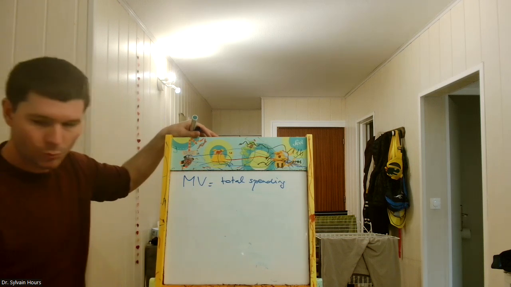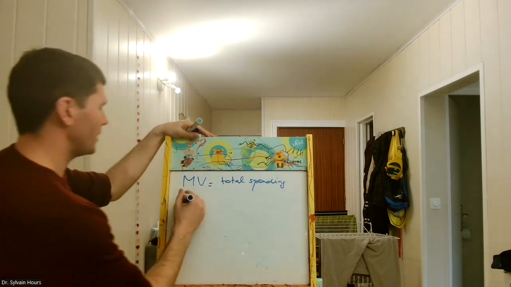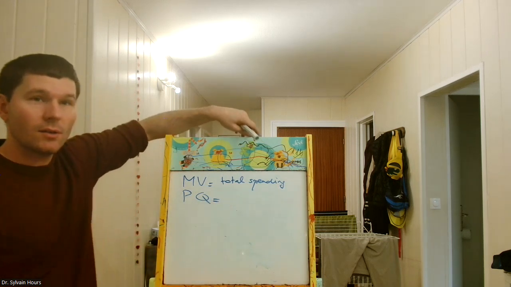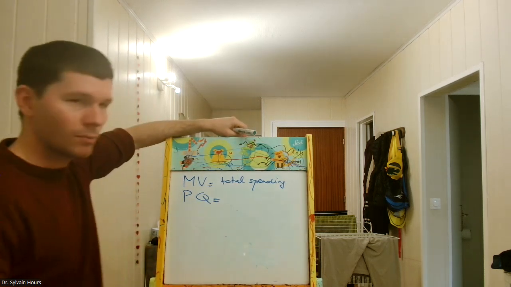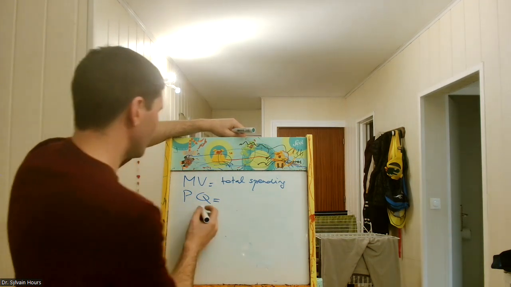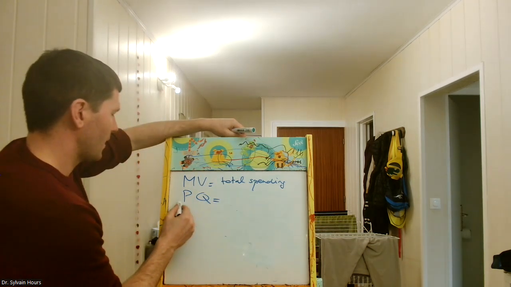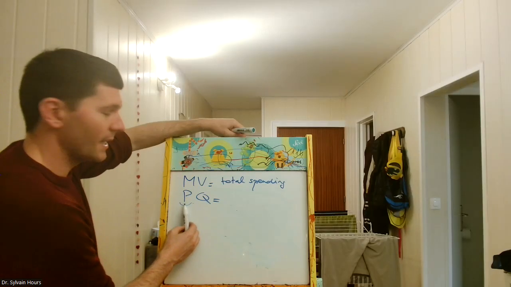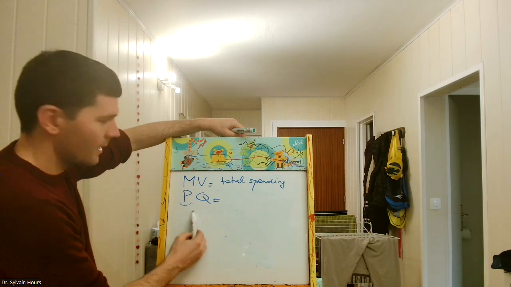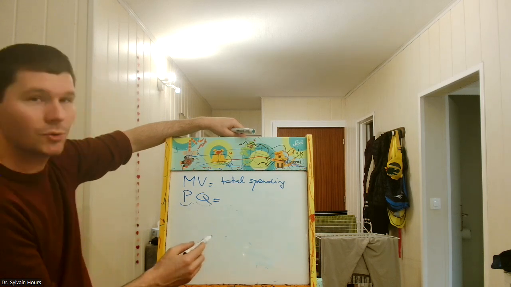And P times Q, which is sometimes also written P times Y, but let's just say PQ, is how much has been produced and sold, basically. This is the average price of an item, and that's the quantity that has been produced and sold.